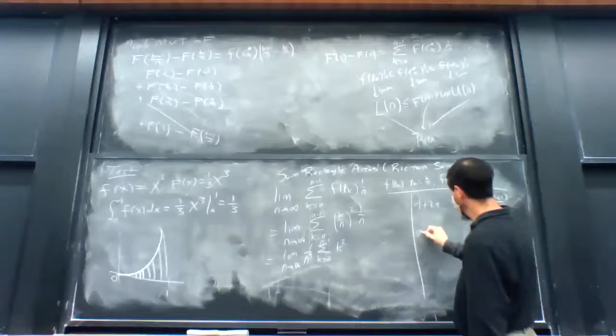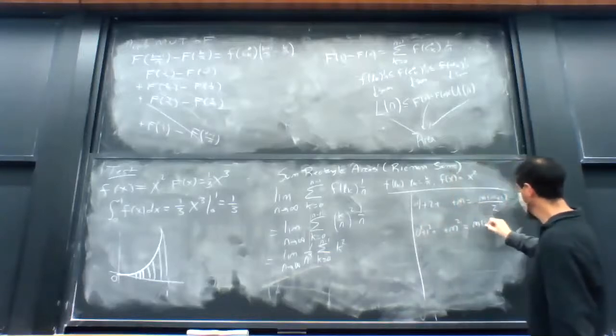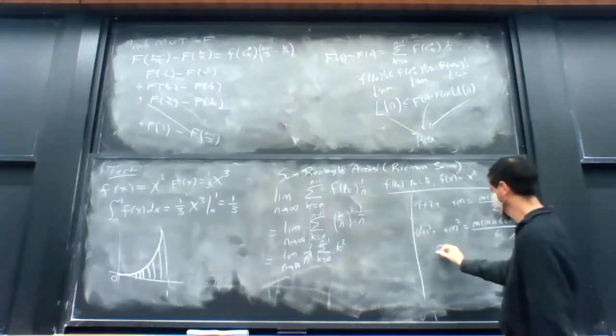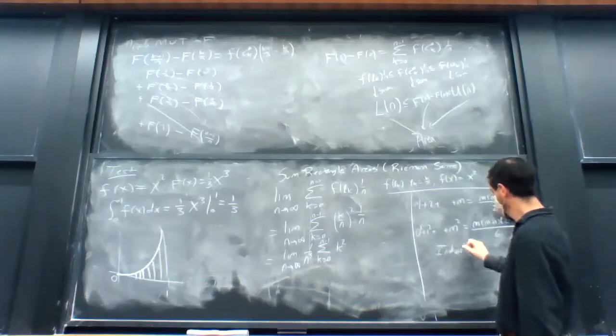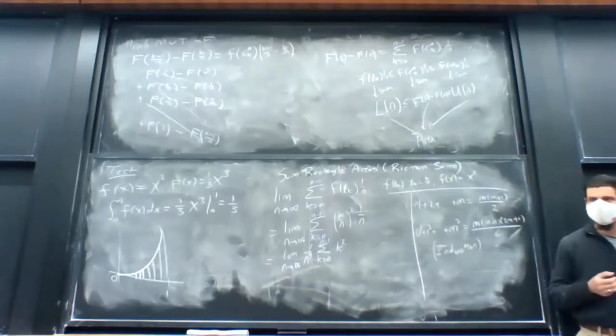I could do 0 squared plus 1 squared plus ... plus m squared, and that turns out to be m times (m plus 1) times (2m plus 1) over 6. And this is usually proved by something called induction. We might cover that later in the semester.